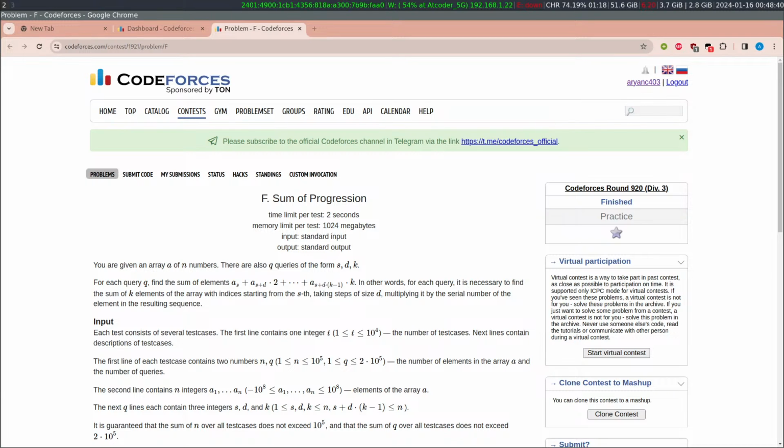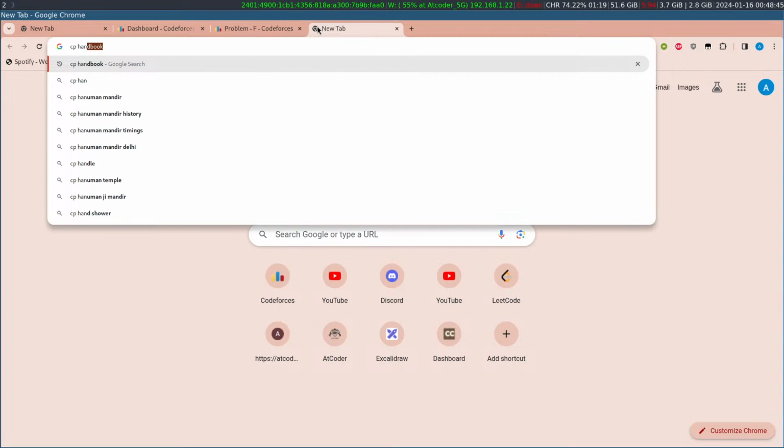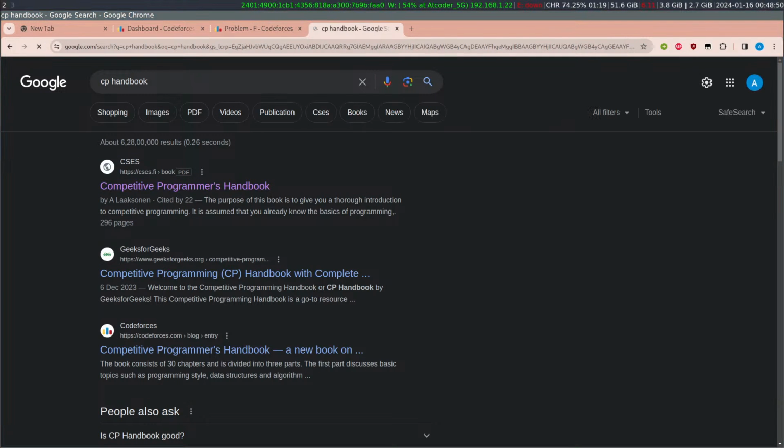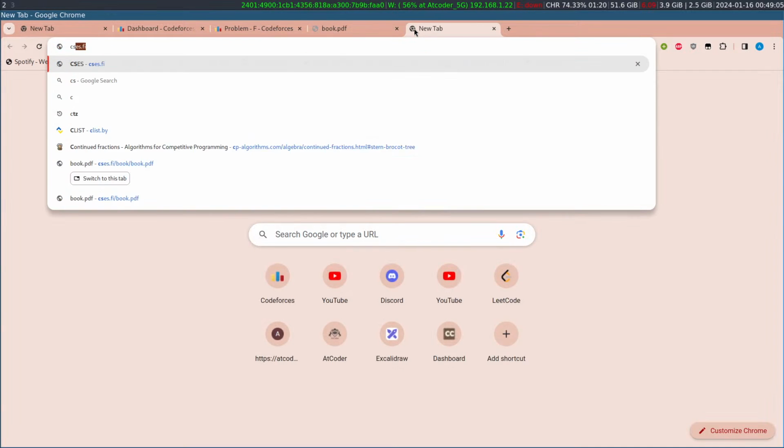Any book recommendations? If you really need a book, there is the CP Handbook. There is a problem set for this book as well.